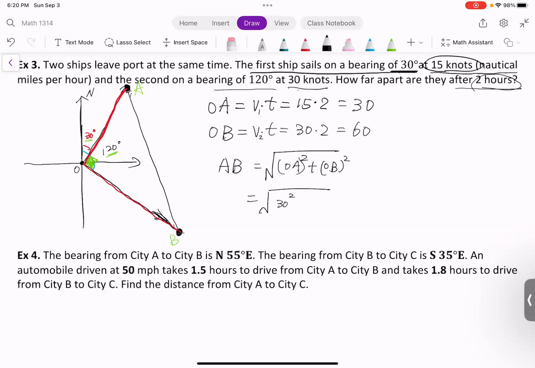That's 30 squared plus 60 squared. Let's do the computation. That's 900 plus 3600, so that is 4500.